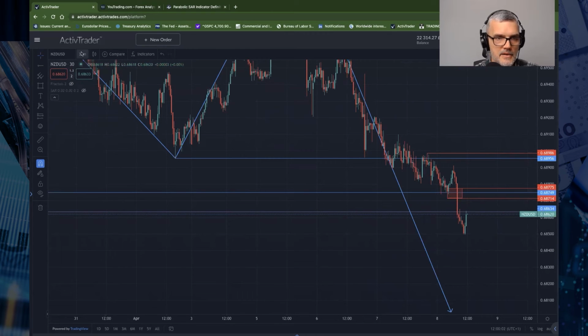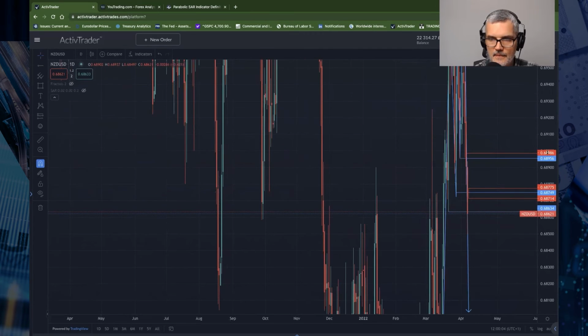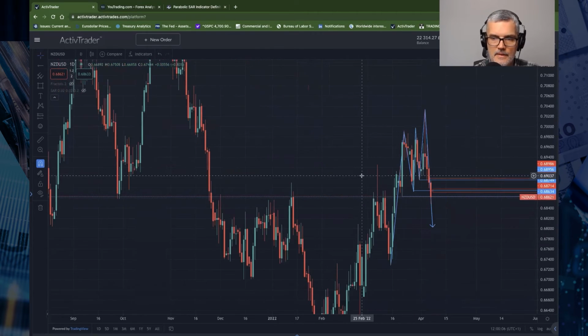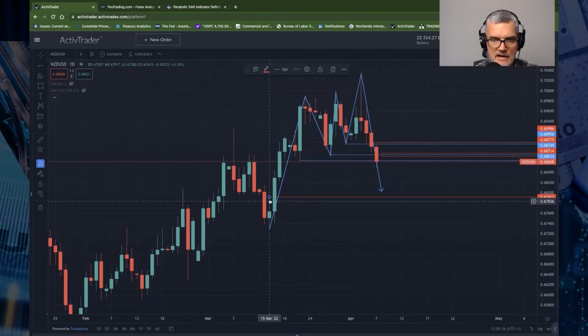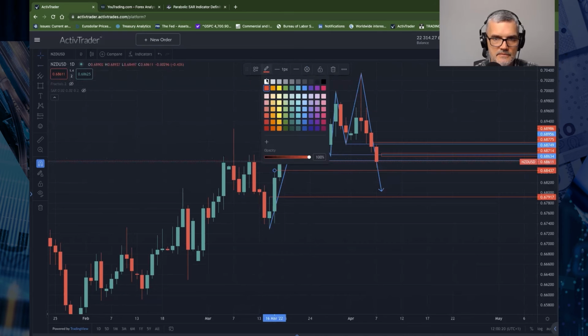So where would our target be? If we go back to the daily, look to the left, we have this big impulsive move up. Then we had this sort of range. Now we're breaking down through that range. So potentially to the downside, we've got this daily high here, or we've got this daily high here. So I'm going to make these green.